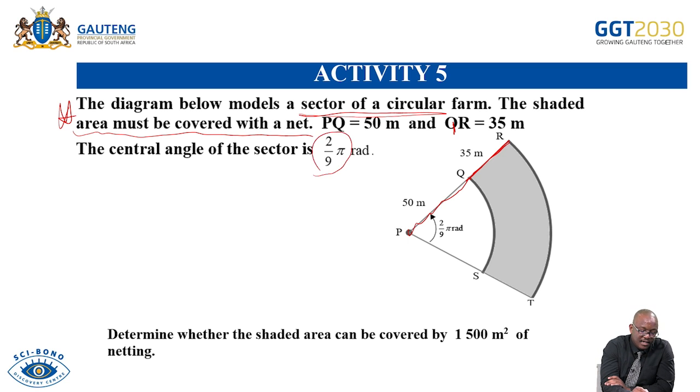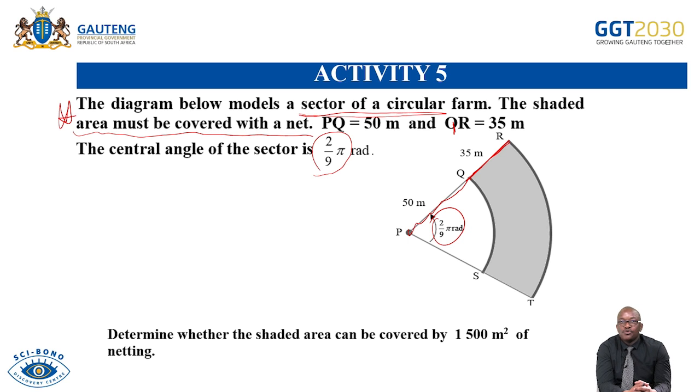So now the angle of a sector is given in radians, the correct way of how we must write it. Then the question says we must determine whether the shaded area can be covered by 1,500 square meter of netting.